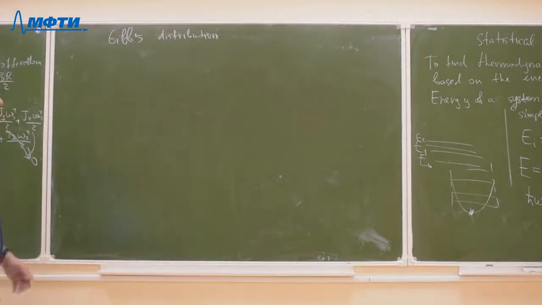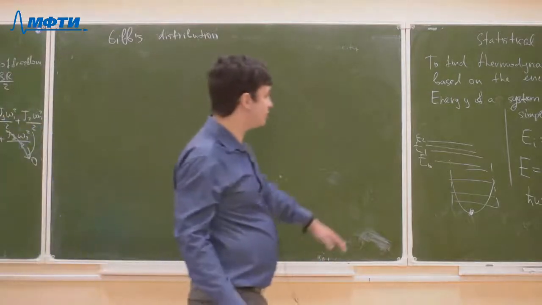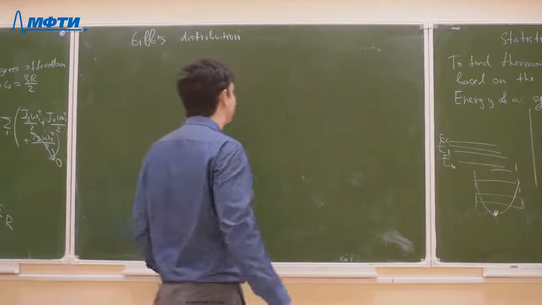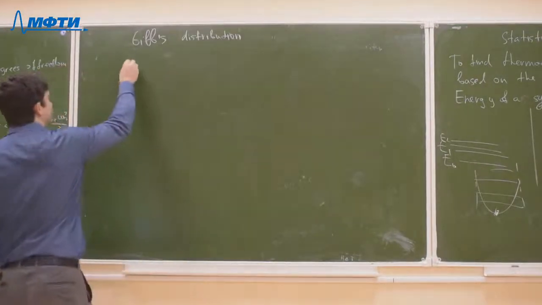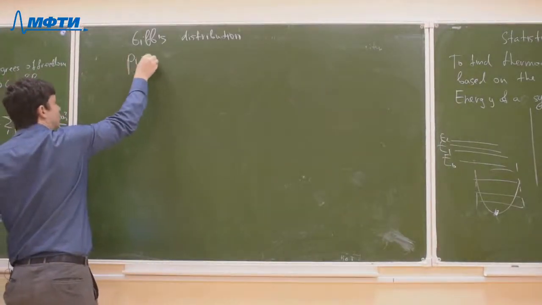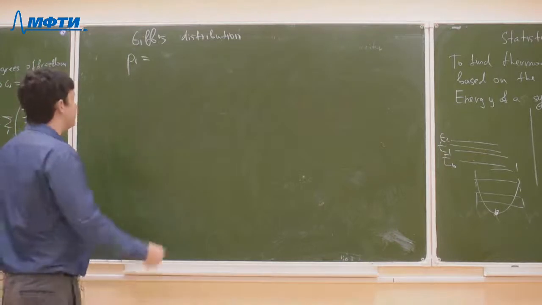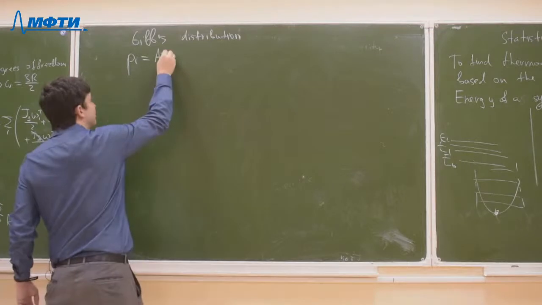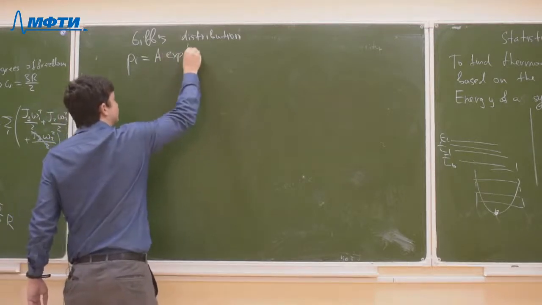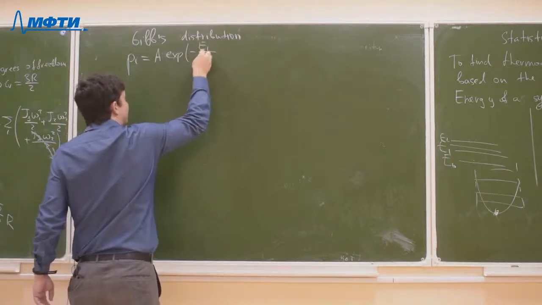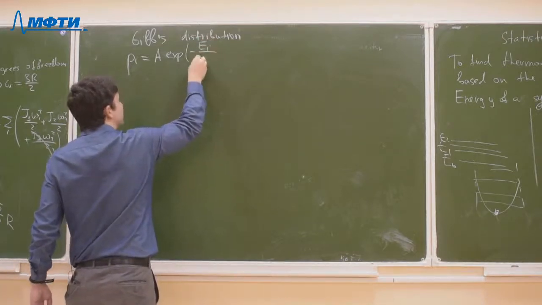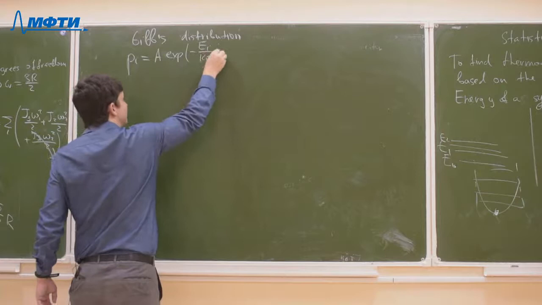So the probability of each of these levels, E0, E1, E2, and so forth, to be occupied is a product of some normalization constant multiplied by the exponent containing the energy of this particular level divided by kBT.